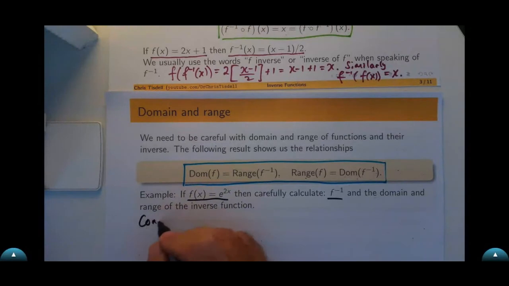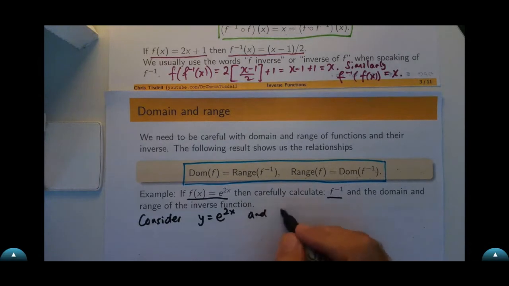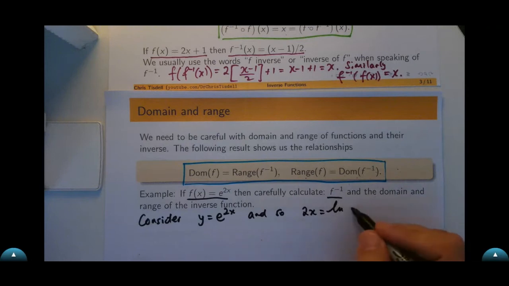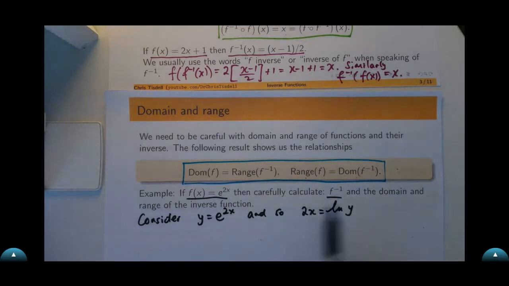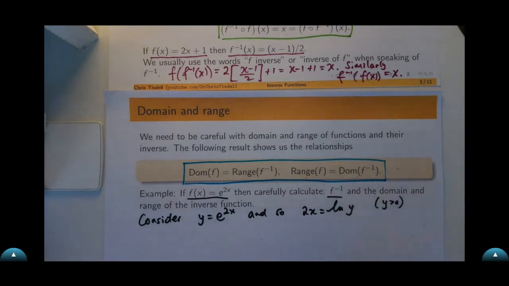What many people do here is just an exercise in algebra. So let's start off with this. We'll make x the subject. So natural log of y, we're assuming that these are all well defined. And now let's just isolate the x.